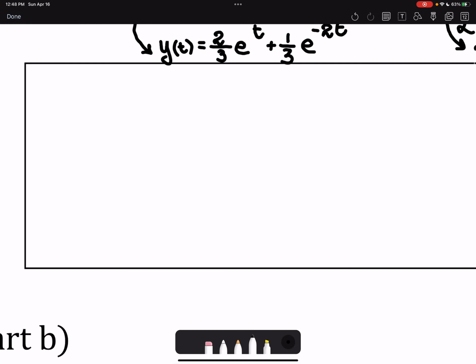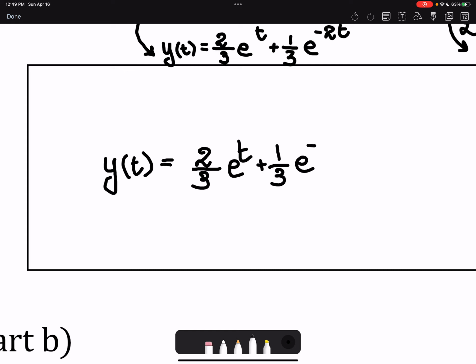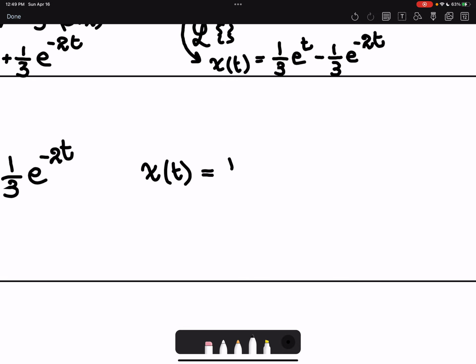So now I would write over here that my y of t is equal to 2/3 e to the t plus 1/3 e to the negative 2 times t, and that my x of t is equal to 1/3 e to the t minus 1/3 e to the negative 2 times t.